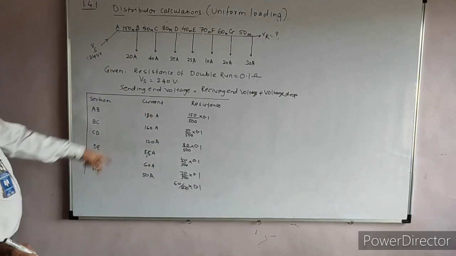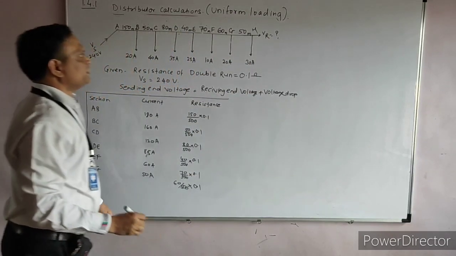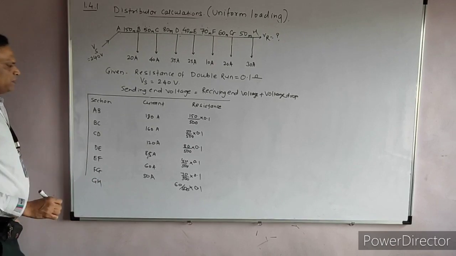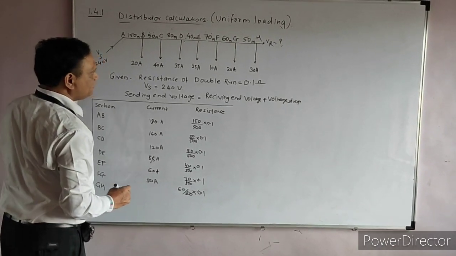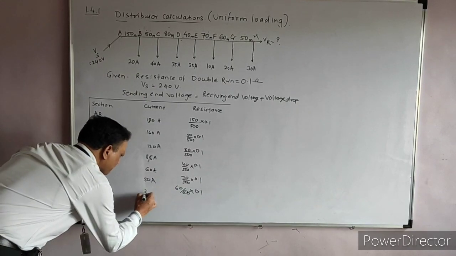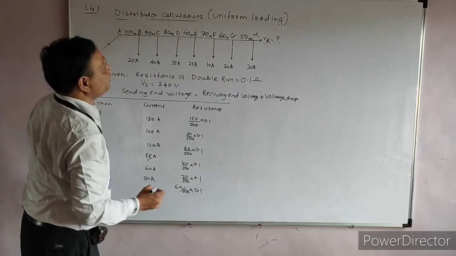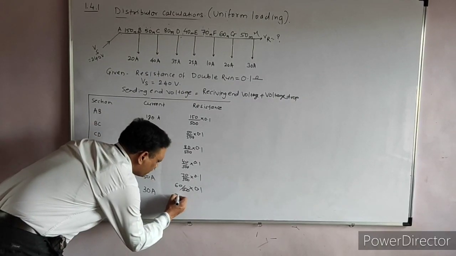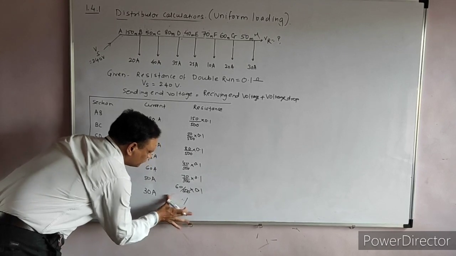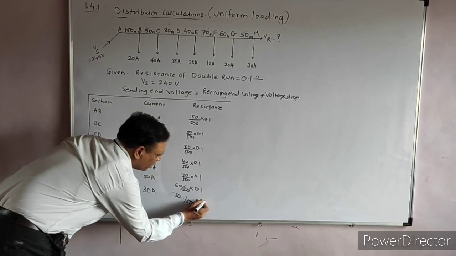Now the last section, that is G, we'll say H here. So section GH will handle the current of 30 amperes, and as its length is 50 meters, we'll write 50 upon 500 into 0.1.